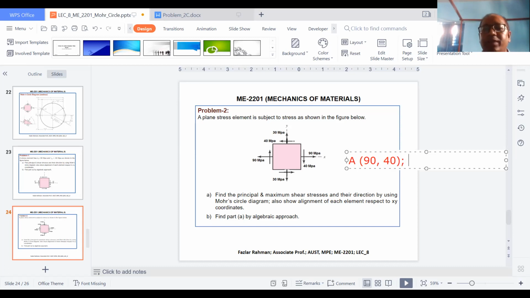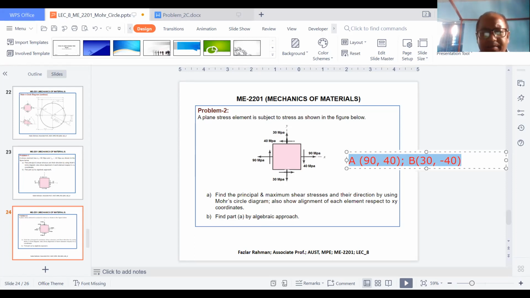Now I will figure out the point B. Point B, what is my sigma? 30 working upward. So 30, comma, what is my tau? Rotating anti-clockwise, right? So in Mohr's circle, anti-clockwise tau is negative, so minus 40. So this is my coordinate. Now this coordinate we will draw in a graph. Then we figure out all stresses. Okay, so let's see.